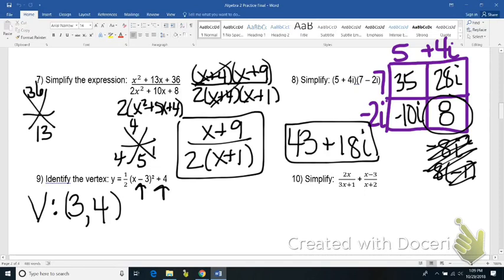Okay, so for number 10, the denominators have nothing in common. So in order to find a common denominator, we'd have to use both. We'd have to use the 3x plus 1 and the x plus 2. So if you take a look at the fraction on the left, you are going to end up multiplying the numerator and the denominator by x plus 2.